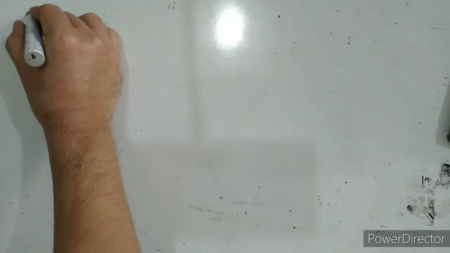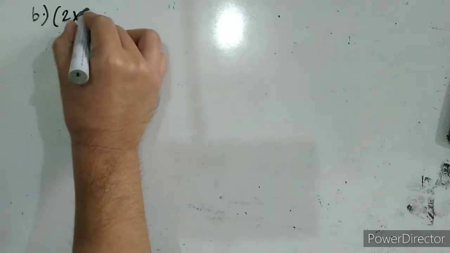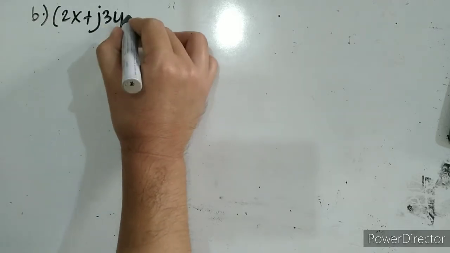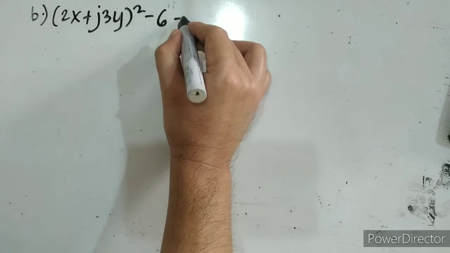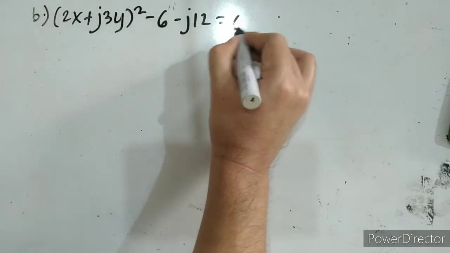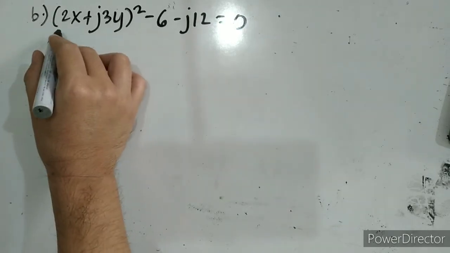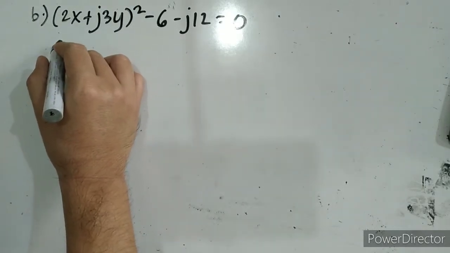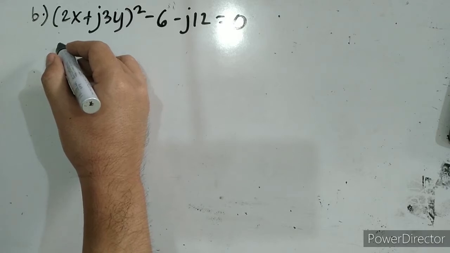That is example B, which is (2x plus j3y) squared minus 6 minus j12 equals 0. Same process. We expand this first, and you recall that (a plus b) squared is equal to a squared plus 2ab plus b squared.